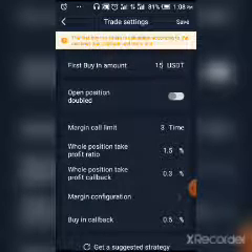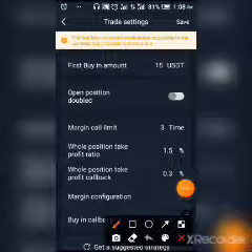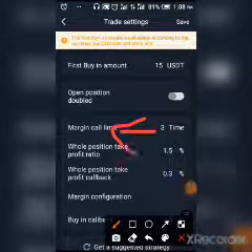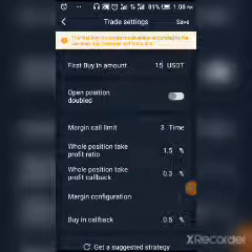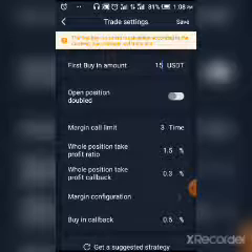Now the next thing is margin call limit. This is very, very important. This margin call limit helps you to determine the number of positions you want to buy for a coin. So let's take for example the coin is at 1.2024 USDT.